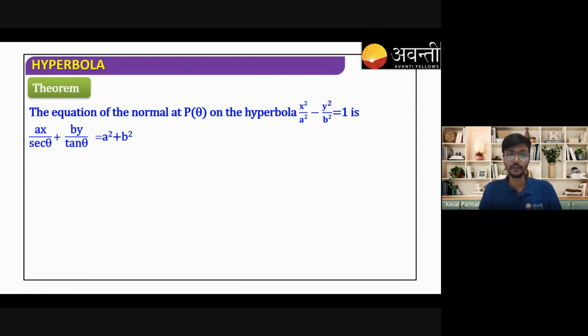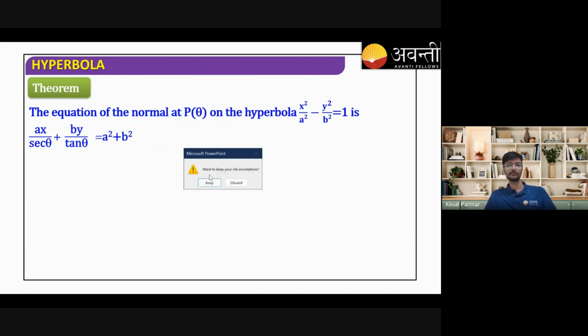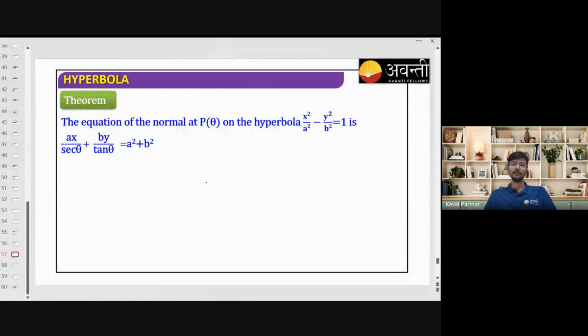Now this I want you all to derive. Come on, let's derive it together. We know the equation of tangent, which is x by a sec theta plus y by b tan theta equals 1.